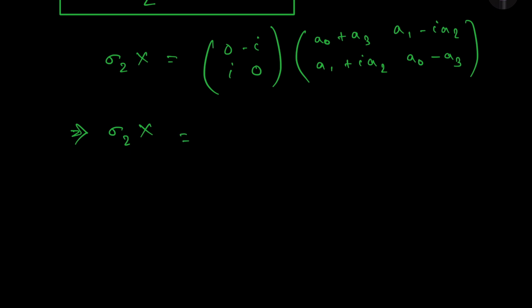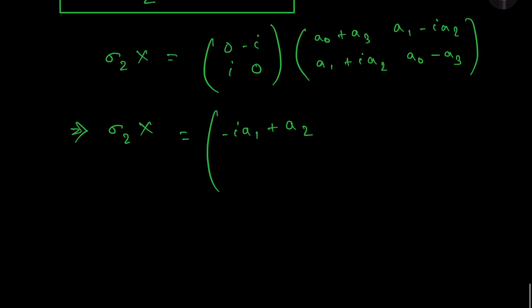Here we'll get minus i a1 plus a2, then we have a0 minus i a0 plus i a3, and then we have i a0 plus i a3, and we have i a1 plus a2.